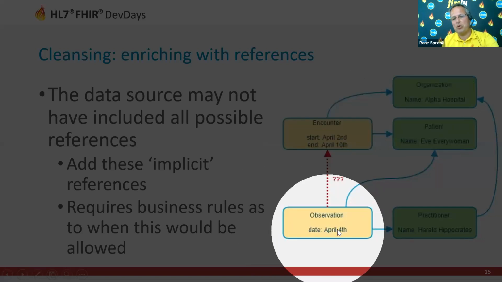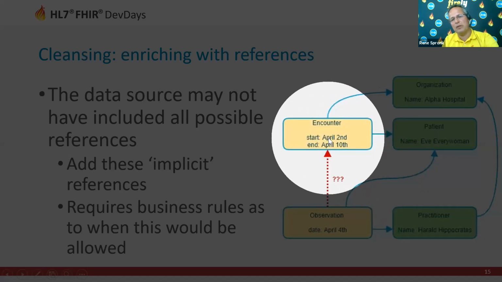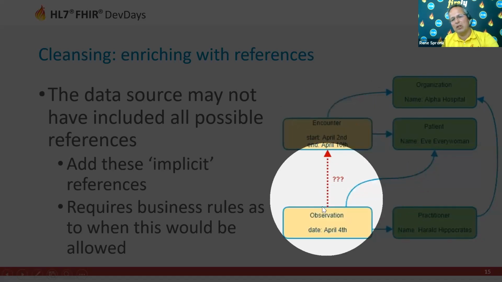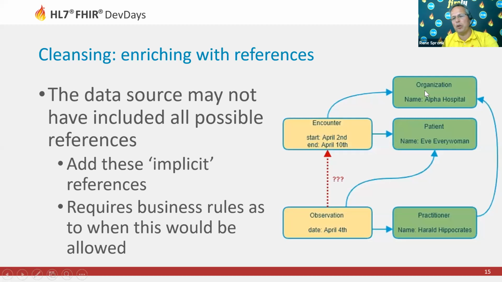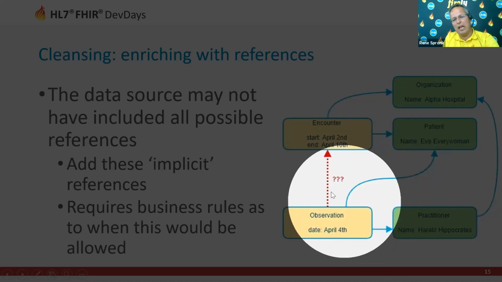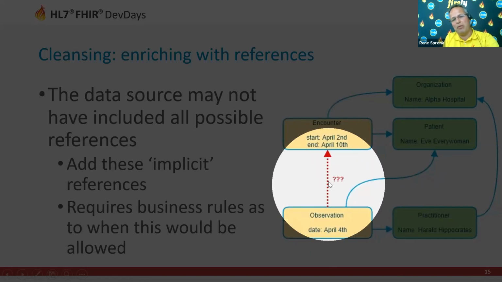And we have an observation on April 4th, which is in and of itself within the time interval of the encounter, created by a practitioner, Harold Hippocrates, who actually works for the Alpha Hospital. So now the big question is, looking at this graph of FHIR resources, can we enrich this data by adding explicitly this deduced reference?